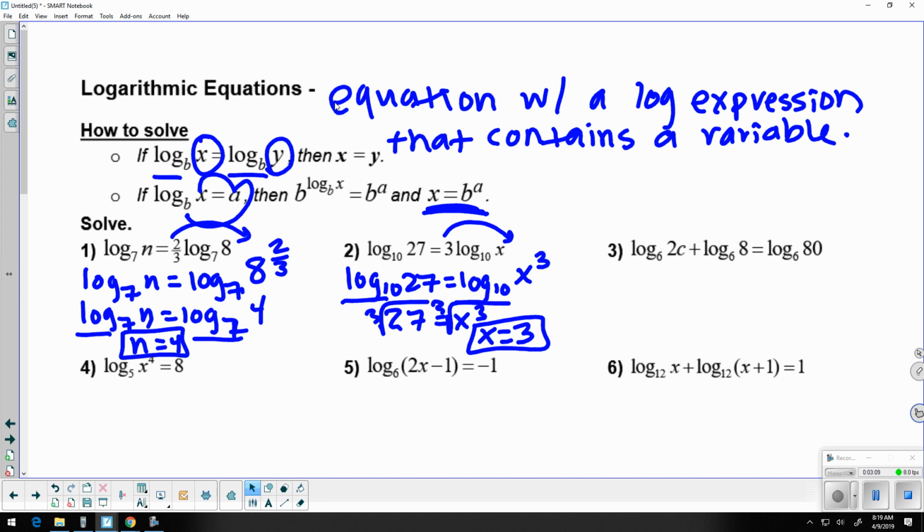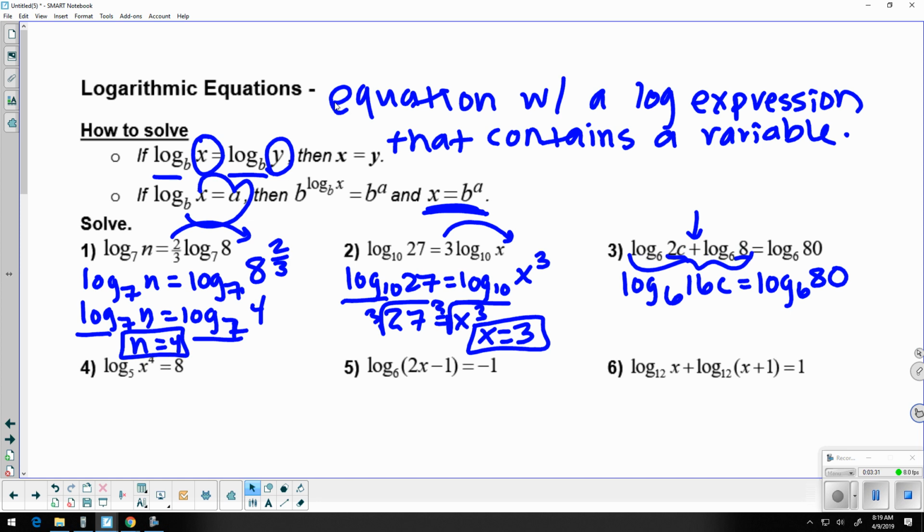The next one, number 3, again, I see a property on the left-hand side. Combine these two logarithms into one log by multiplication. Since there's a plus sign in between, I have to multiply. So this would be log base 6 of 2c times 8c, which is 16c, and the right-hand side stays the same.